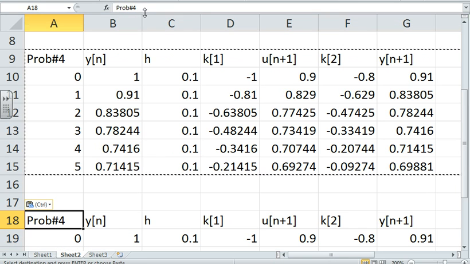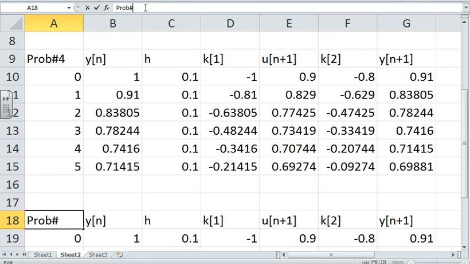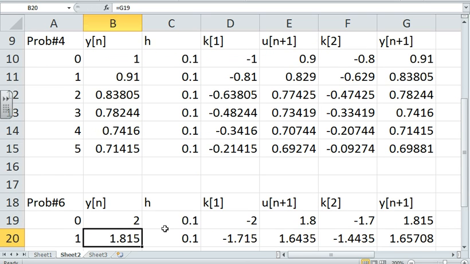Alright, so problem number 6. Whatever initial condition the design concept was, I'm going to leave it. My H stays the same.